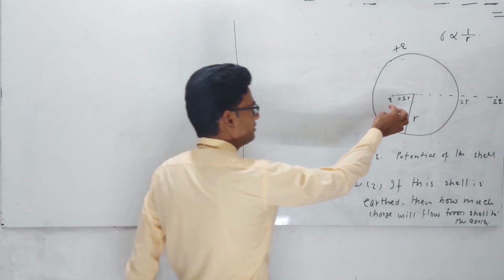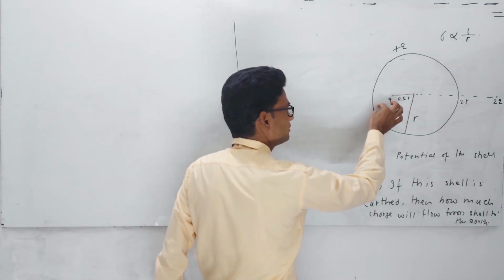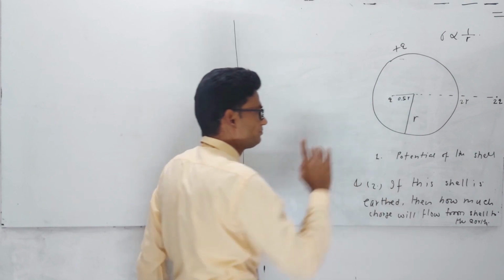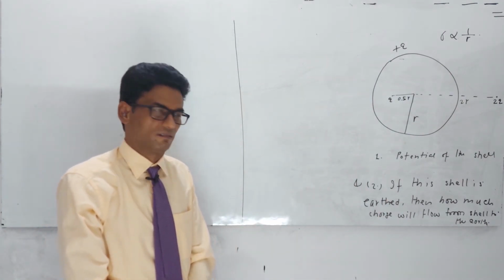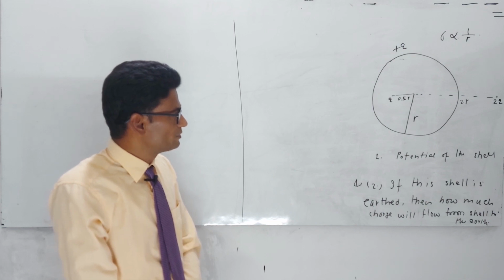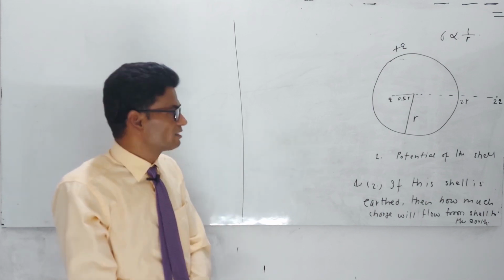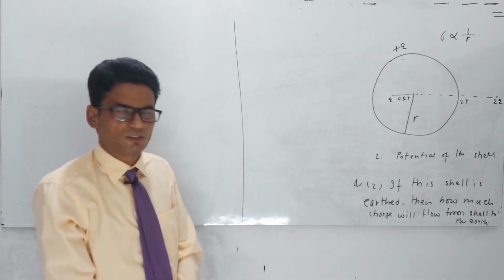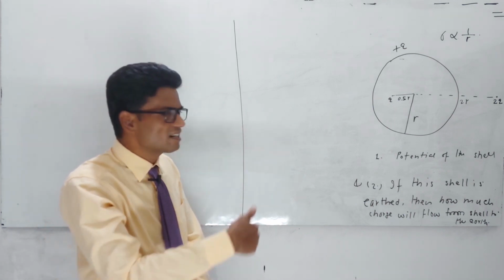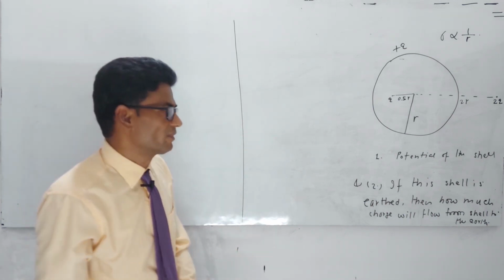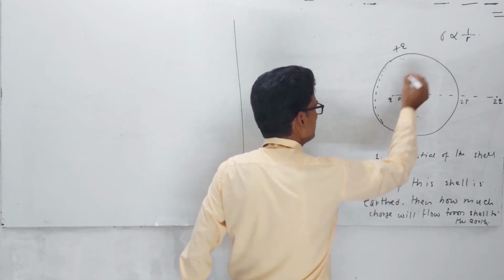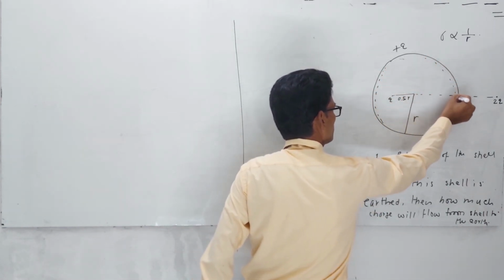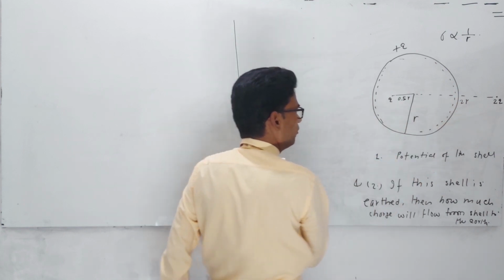So obviously this charge induces on the inner surface minus q. However, the distribution of the induced charges is not uniform, because charge q is not placed at the center. So here more negative charges and less negative charge as distance increases.